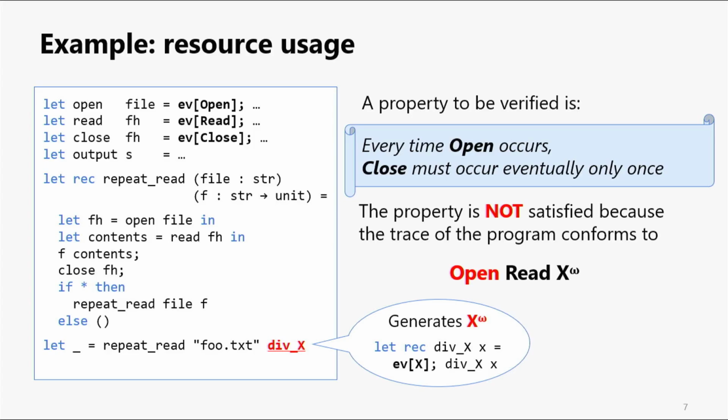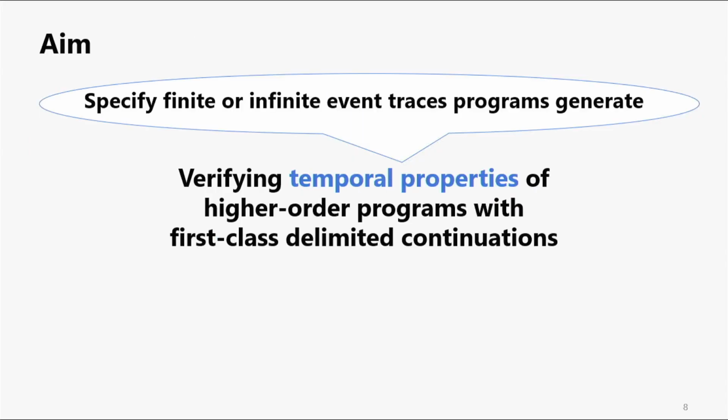Then the program does not satisfy the desired property, because after opening the file and reading the content, the content is passed to the argument function, but it diverges. So before closing the file object, the control does not get back to the main function.